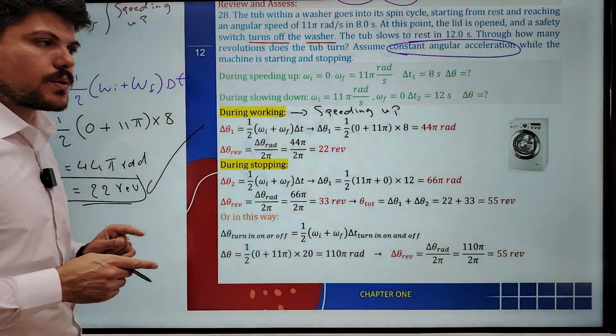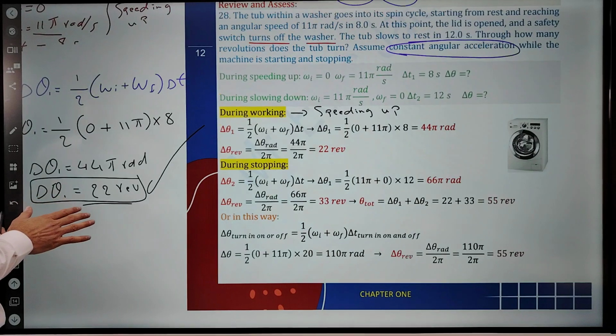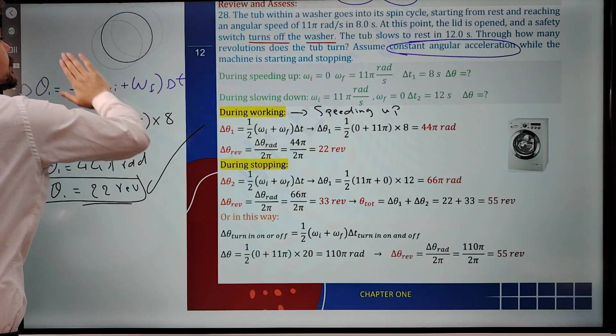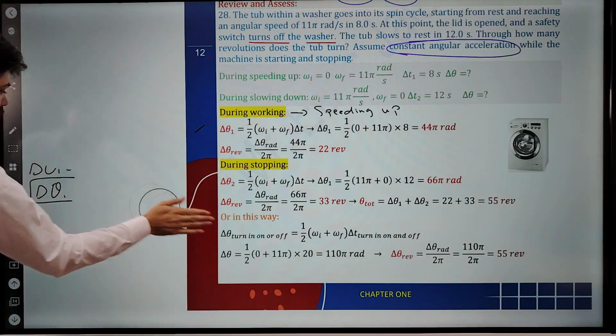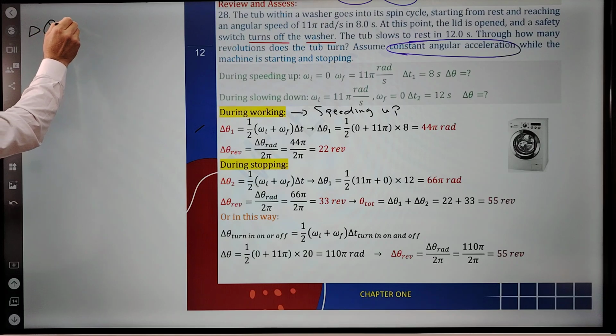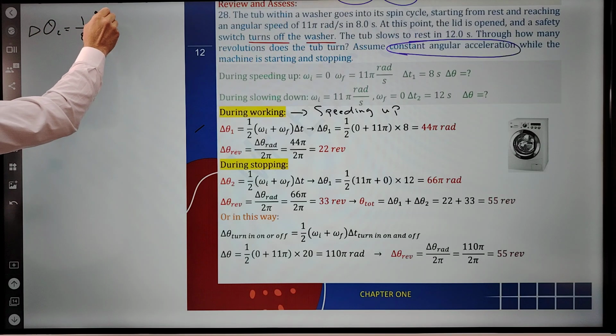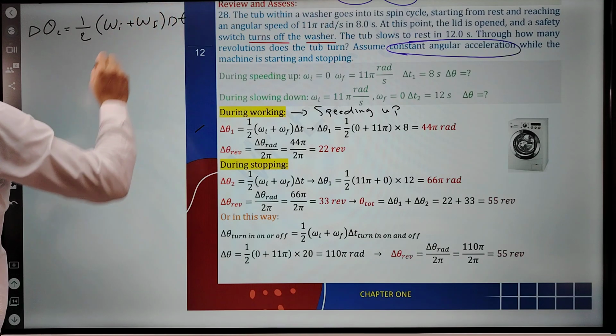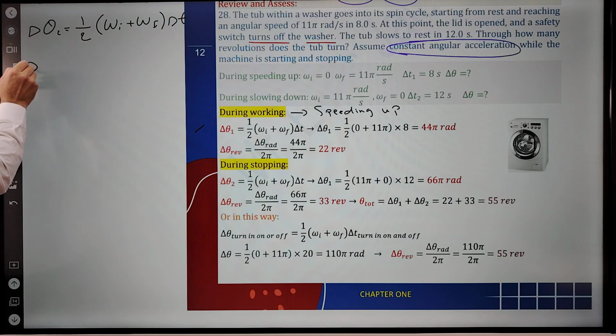22 revolutions. Okay, this is the number of revolutions during speeding up. During slowing down, theta 2 is equal to what? Is equal to 1 over 2 (omega initial + omega final) delta t during slowing down.